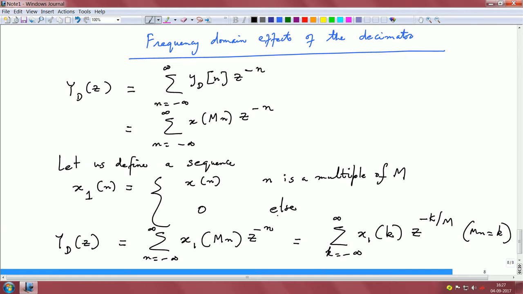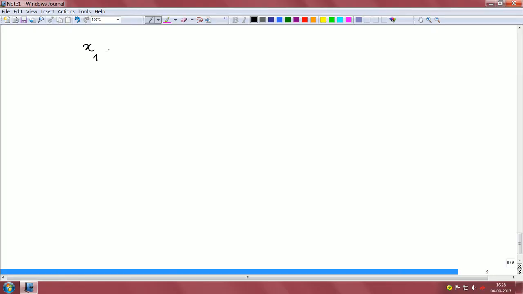So I have to put this into some compact form rather than an if else statement like this. For this we go one step forward and we say x1 of n equals some comb sequence times x of n.